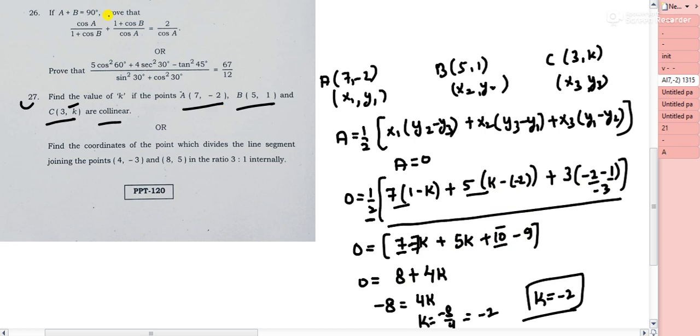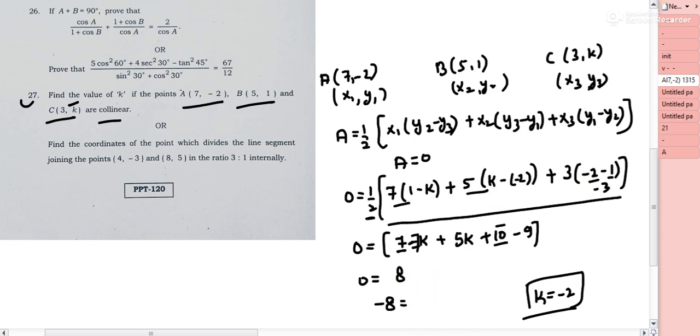It is minus 2k. Yeah, there is a mistake here. Okay, so this becomes minus 2k. So if you bring this to LHS, both of them are minus, so k will be equal to 8 by 2, and that is equal to 4. So the value of k is 4, it's not minus 2.